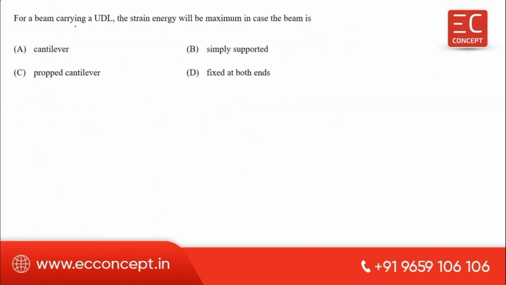Now the next one. For a beam carrying a UDL, the strain energy will be maximum in the case of which beam? The answer is the cantilever, because strain energy is directly proportional to deflection.